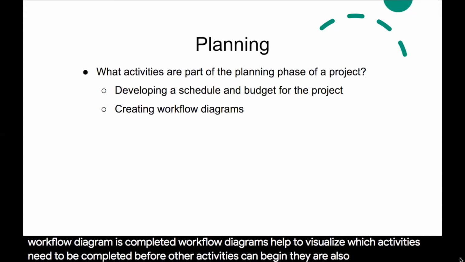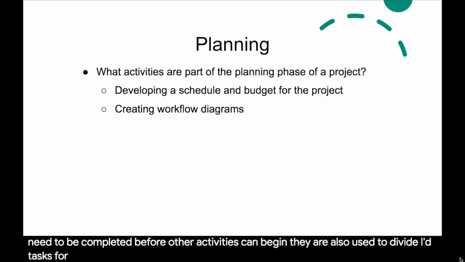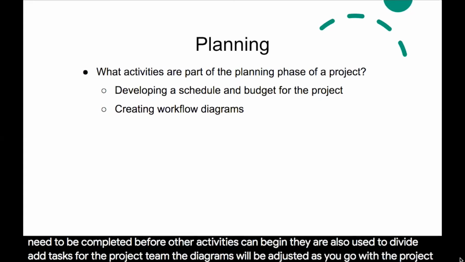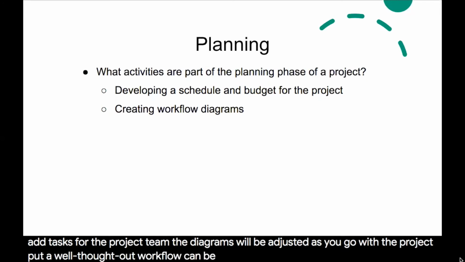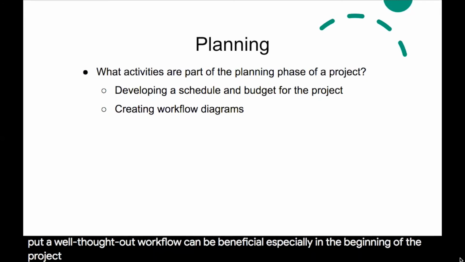They are also used to divide tasks for the project team. The diagrams will be adjusted as you go with the project, but a well thought out workflow can be beneficial, especially in the beginning of the project when everyone is still trying to completely define their roles.